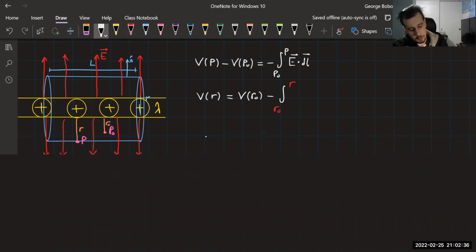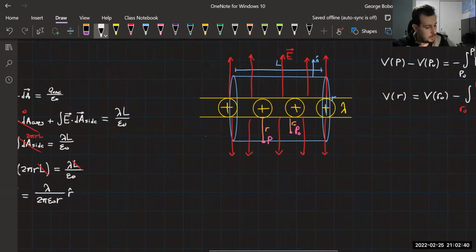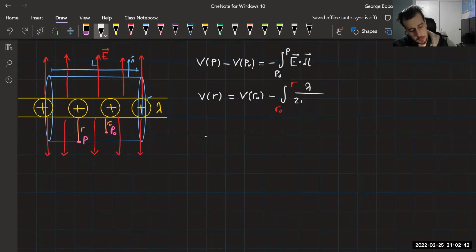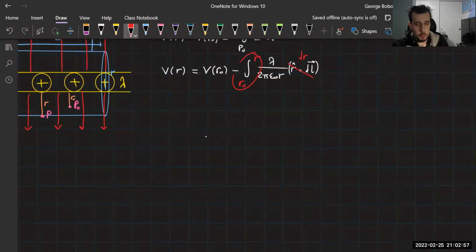The electric field was lambda over 2 pi epsilon naught R hat. And we're dotting with dl here. This again will return dr, the cylindrical R. That's why I already knew this was going to happen.